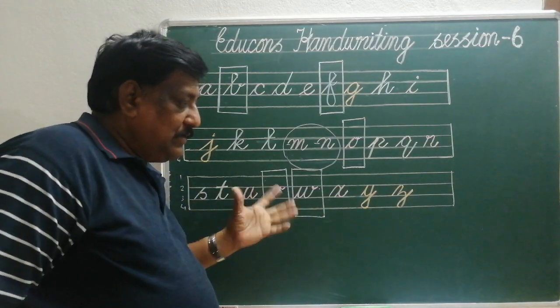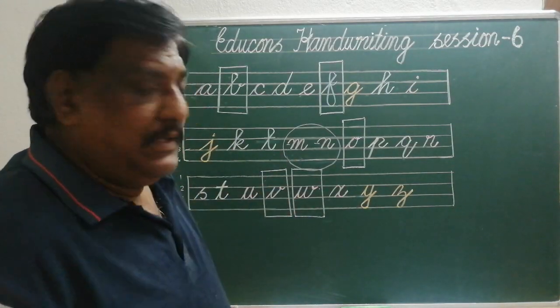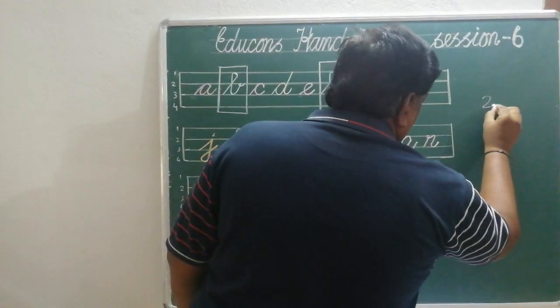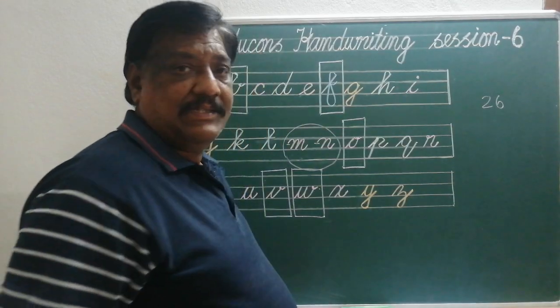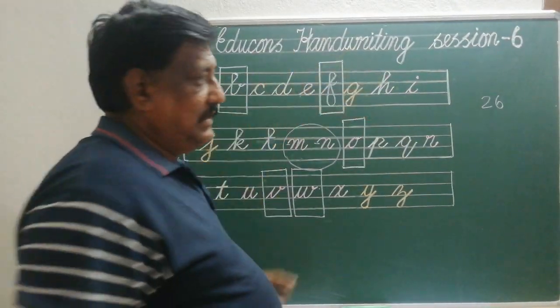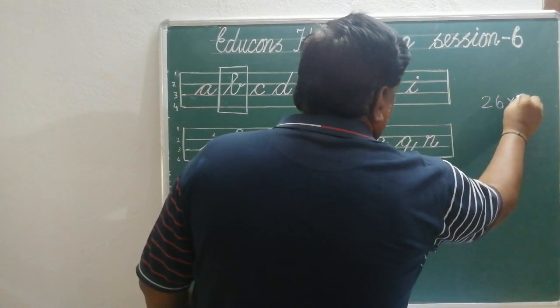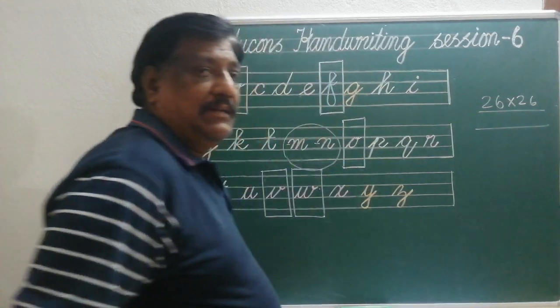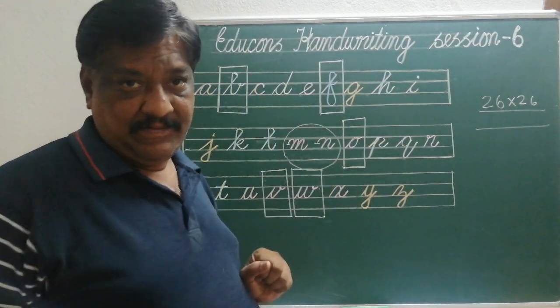Okay, now I am going to take you how to make the joining, right? See, there are 26 alphabets. If you connect every alphabet with the other alphabet, 26 into 26, these are the number of possible joins.